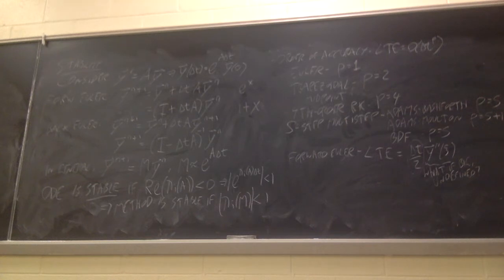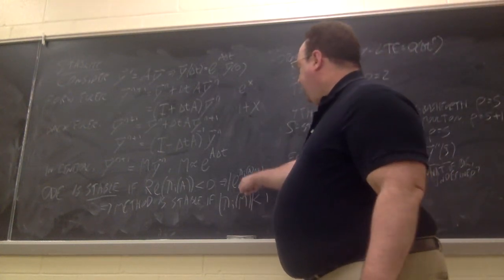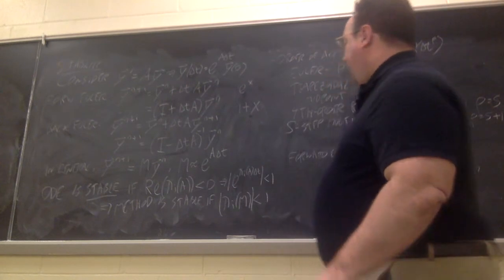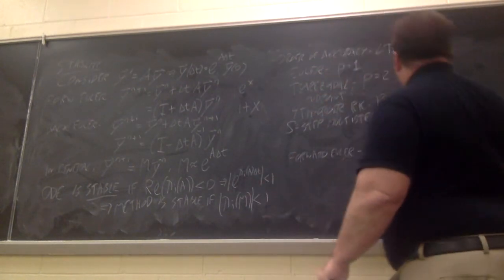Wait, they're less than 0 or less than 1? Less than 1, because M is approximating the exponential. Yeah, so this is what we're really after, to mimic this behavior.